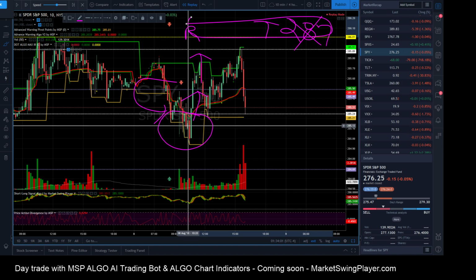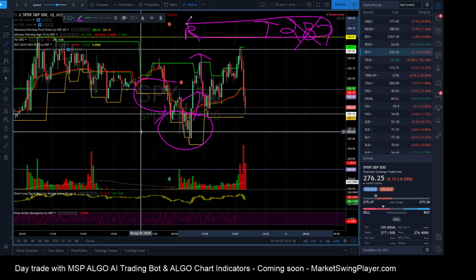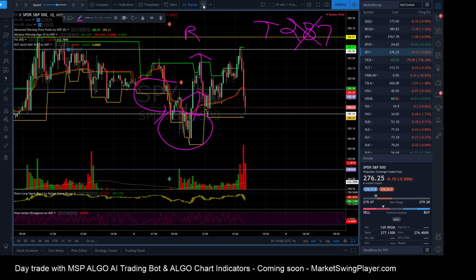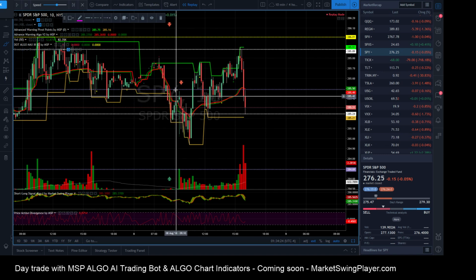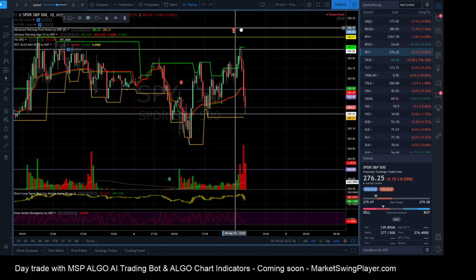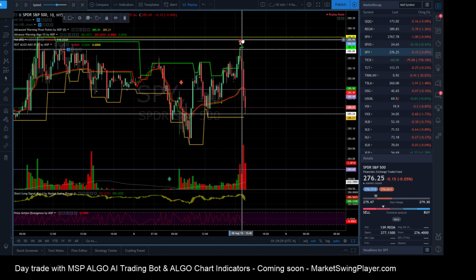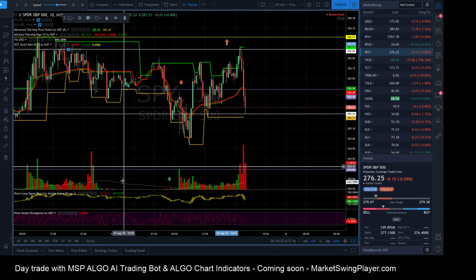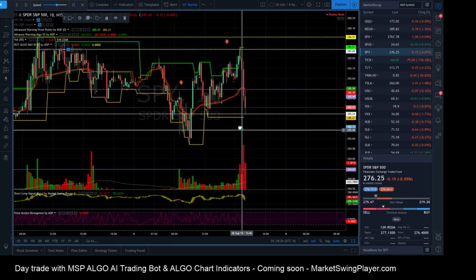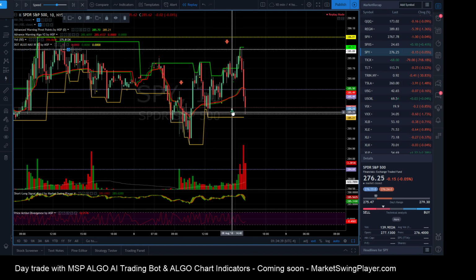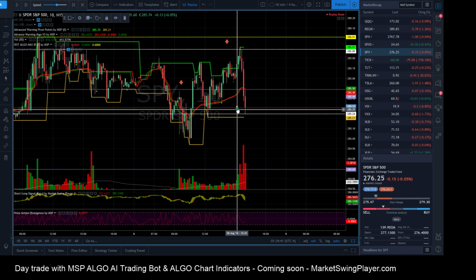Okay, so now when price pulls back, we know this is our short zone here, and our long zone is somewhere around in here, I would believe.